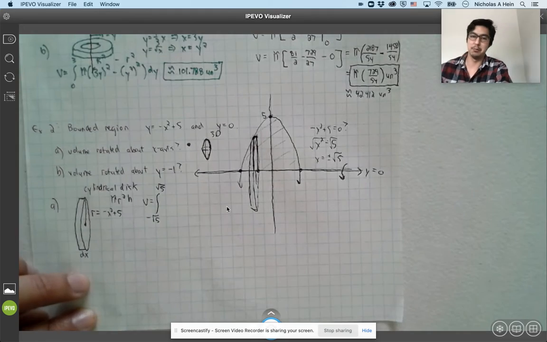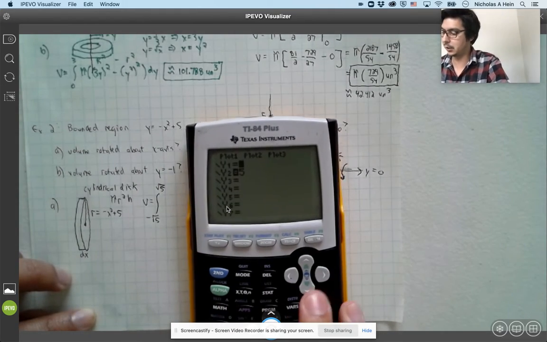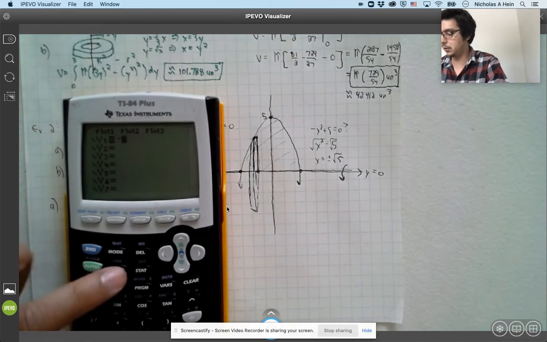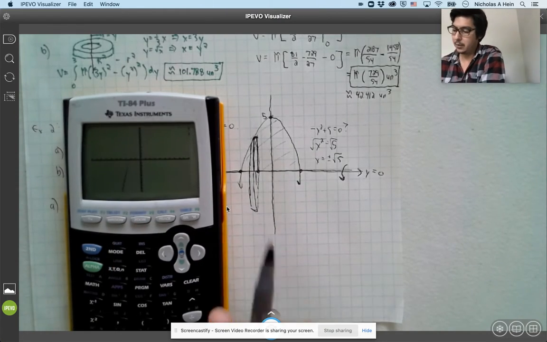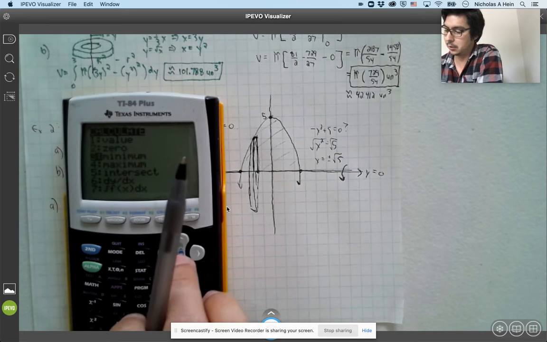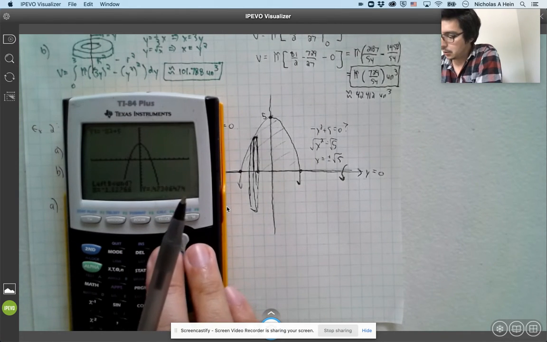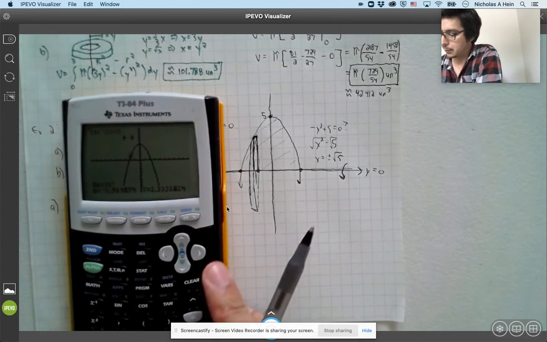But maybe you don't want to do it by hand, or you want to check with a calculator. So just as a reminder, you could do this on a calculator to find those bounds. If you put the function in there, negative x squared plus 5, and then you use the calc feature, second calculate, the zero option. So what's my 0 over here on the left? Pick something to the right, guess in the middle.